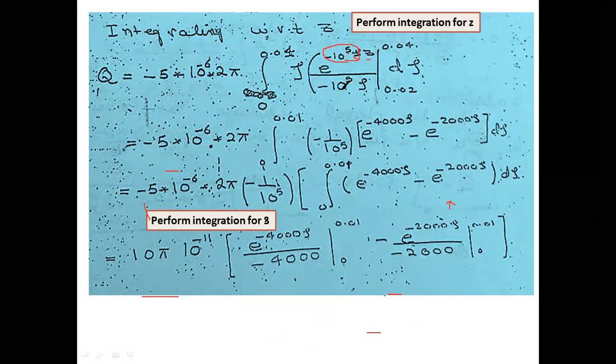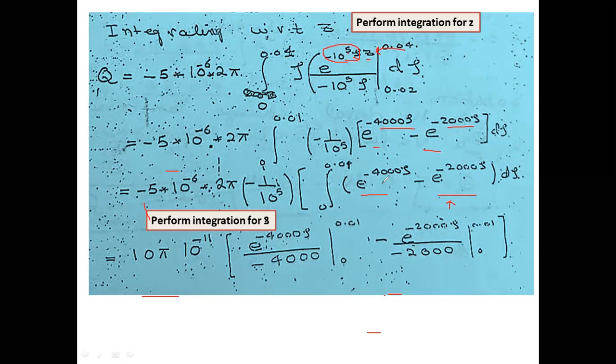We will have this in the denominator as well, minus 10 raised to the power 5 rho. The limits for z are lower limit 0.02 and upper limit 0.04, so replacing them we will have two functions, one for the upper limit and one for the lower limit.